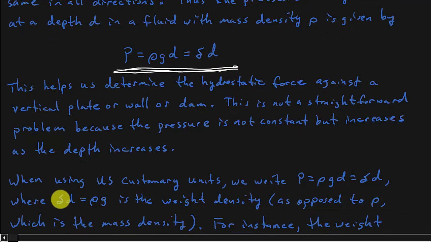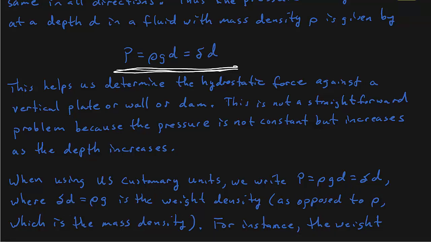So what does this mean here? When using U.S. customary units, we write P, the pressure, is equal to rho times g times d, which is delta times d.